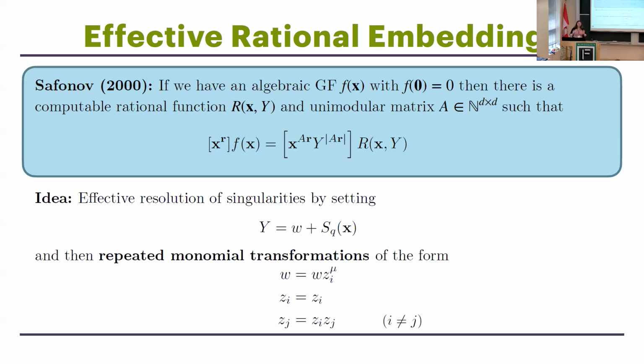And then using some repeated monomial transformations of the form shown on the slide, we can get to the point where we are essentially back to using Denef-Lipshitz and doing this embedding. So I won't go into too much detail about that, but know that it's algorithmic. In fact, we have an algorithm made in Sage that you can just put your generating function into and it computes the Safonov embedding for it.